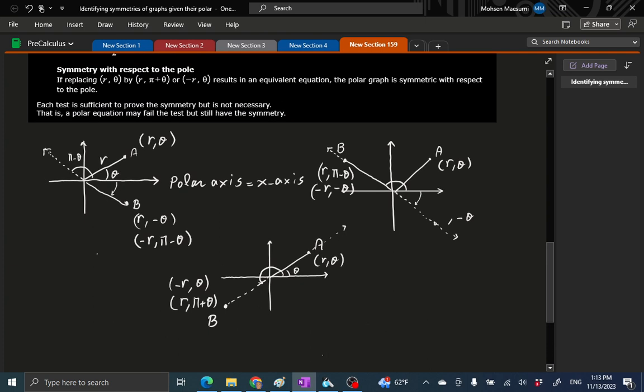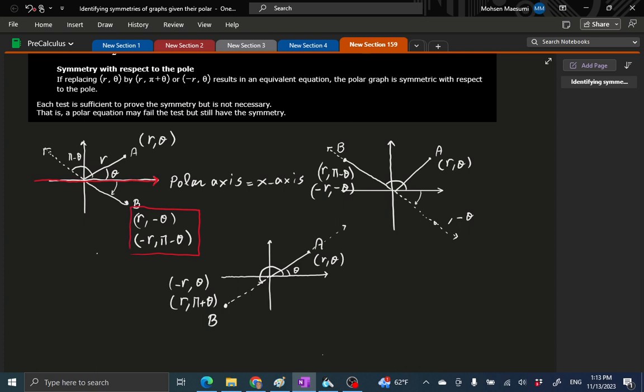So let's remind ourselves, this was the case of symmetry with respect to the polar axis. So we check to see if the curve doesn't change by making such changes. This one was symmetric with respect to line theta equal to pi over 2, which is the y-axis, and for this case we check with respect to changes of r and theta to either of these two.